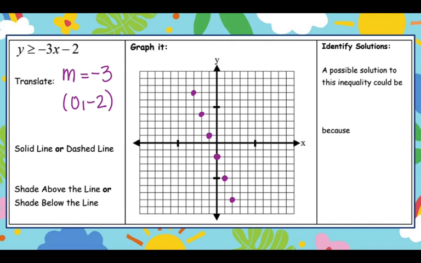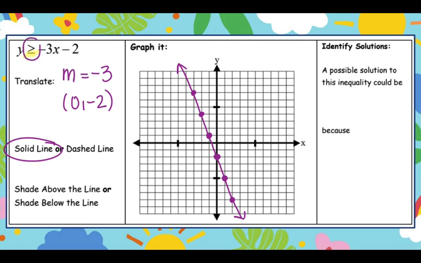Now before I connect those, I do need to determine if it's going to be solid or dashed. If I look at my inequality, I have the line underneath the inequality, so that tells me that my line is a solid line. So I'm drawing a solid line through those points. So solid line. Now I need to determine if I'm going to shade above or below.